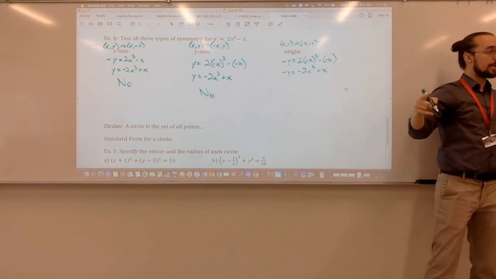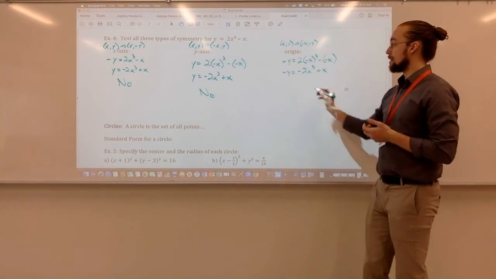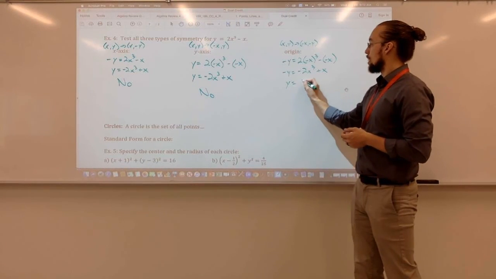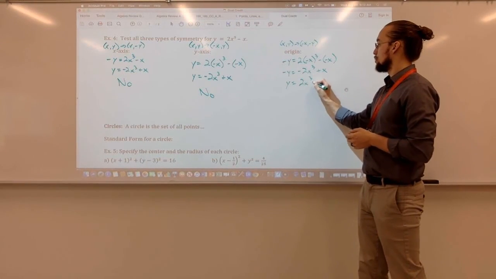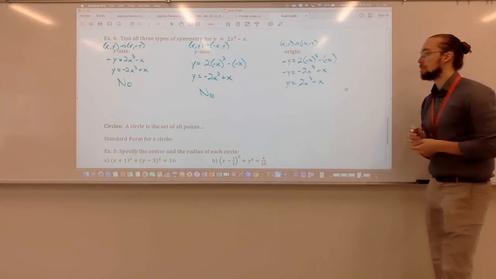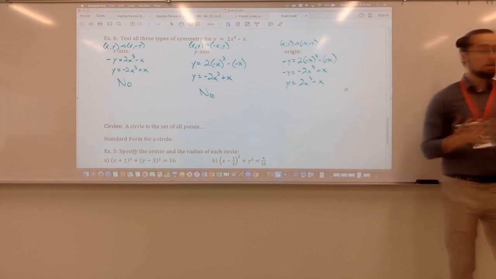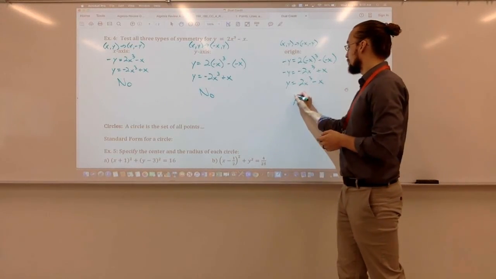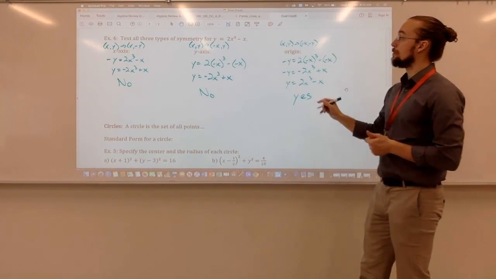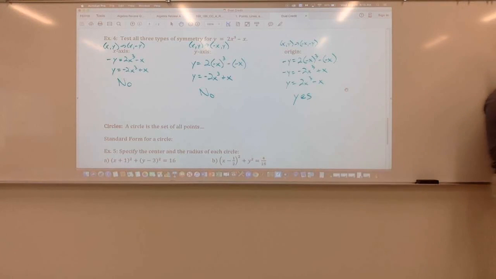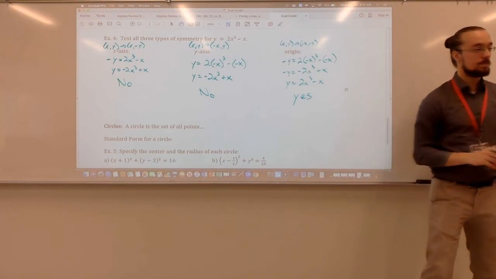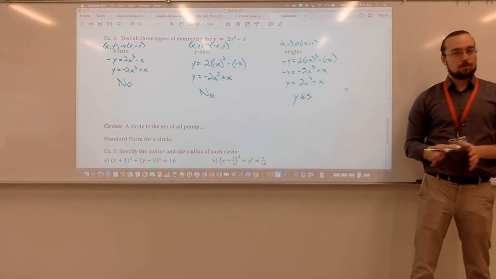Divide both sides by negative 1 to get y by itself, and we end up with y equals 2x cubed minus x. Is that what we started with? Yes. So this graph does have symmetry about the origin. Not across the x or the y-axis, but it does have symmetry across the origin. Okay. We okay with that?